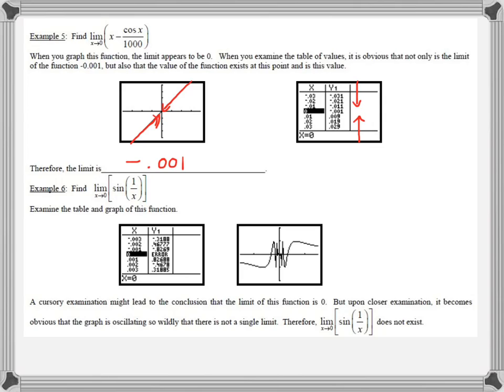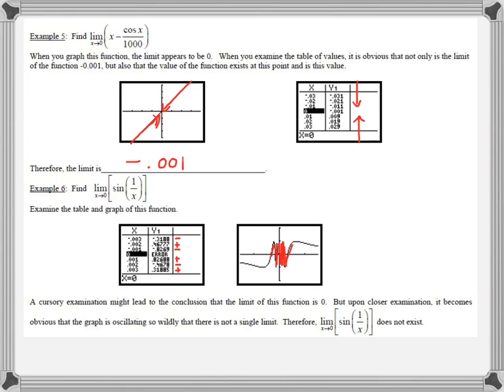Example 6, find the limit as x goes to 0 of sine of 1 over x. If you notice, these values go from negative to negative, then error, and then positive, negative, positive. When you look at the graph, it's going up and down like crazy in the middle before it continues on.